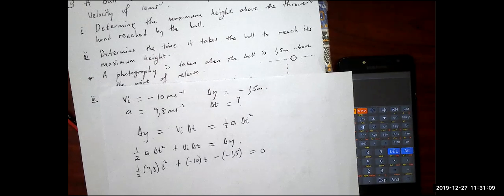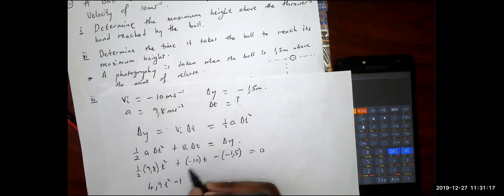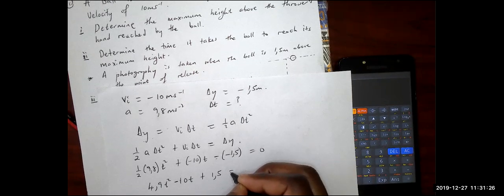Now what will we get here? We're going to get 4.9 t squared minus 10t, and minus times minus gives us plus 1.5, is equal to 0.